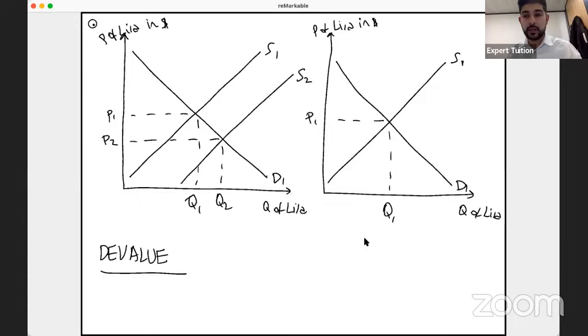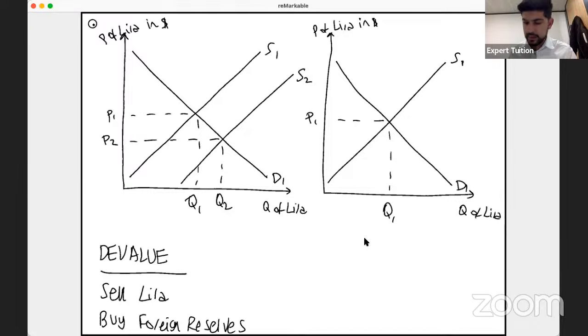So what do they need to do? Does the Turkish central bank need to sell lira or buy lira? The logic is that they are a supplier here, hence the supply curve shifts. So they need to sell lira. And if they sell lira, they must be buying foreign reserves. Simple as that. That's the explanation of how they devalue their currency. They sell their lira, their currency, they buy foreign reserves.